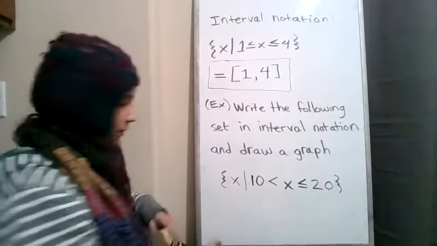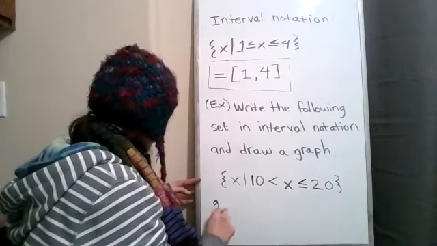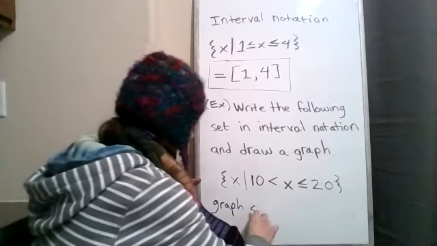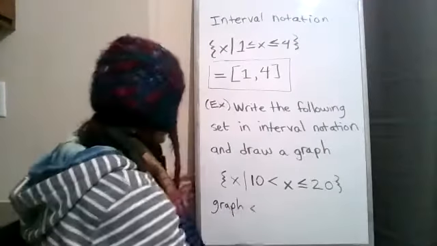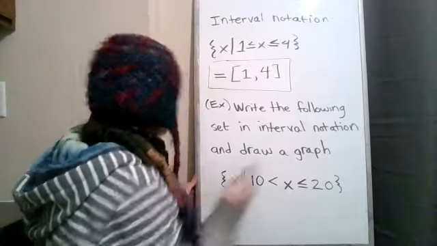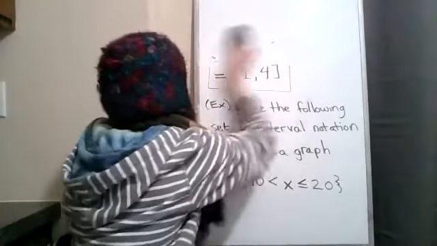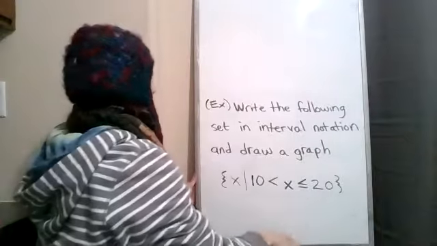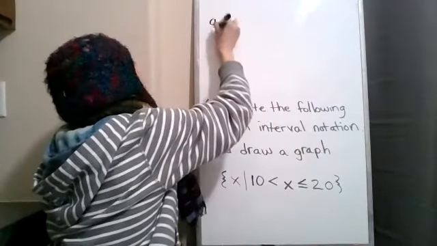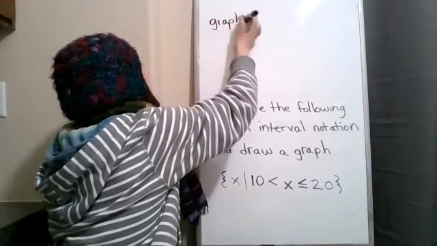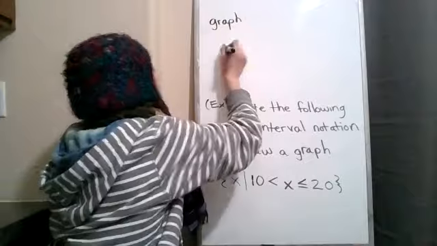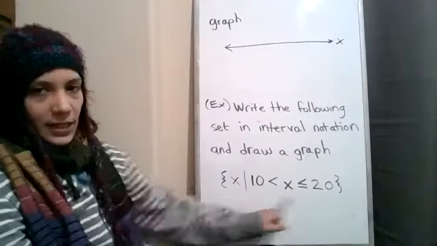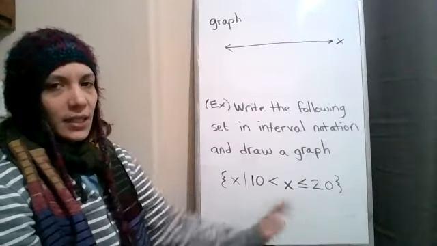I'm going to start with the graph. Okay, so we need 10 and 20 somewhere on this number line.